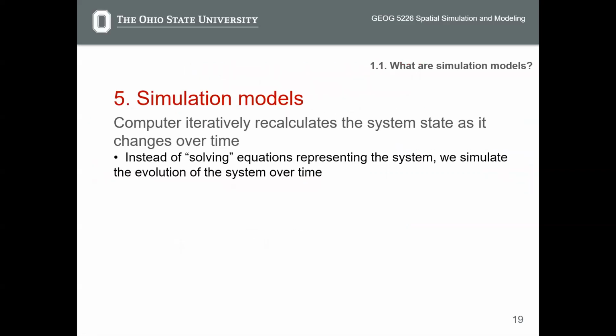Okay, so next, this is the main character of our course, simulation models. The computer iteratively recalculates the system state as it changes over time when we're using simulation models to address real-world phenomena. Instead of solving equations representing the system, we simulate the evolution of the system over time, which means that we care how the system works, how the system evolves.